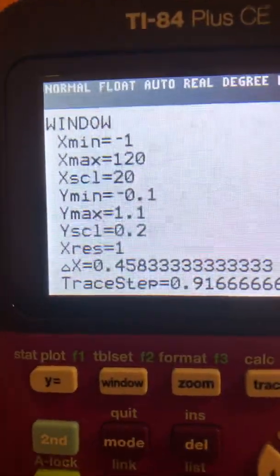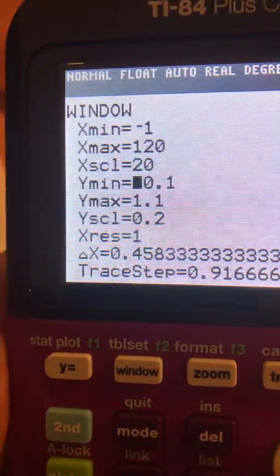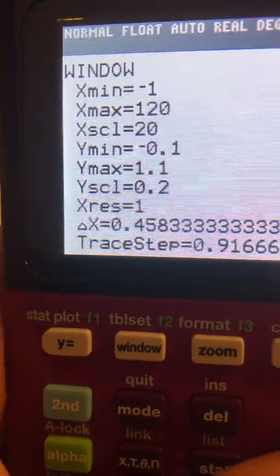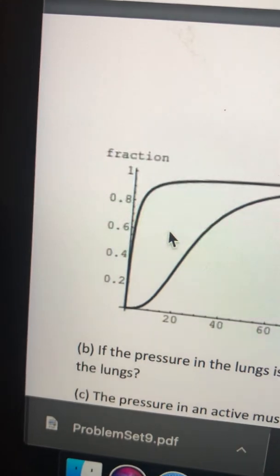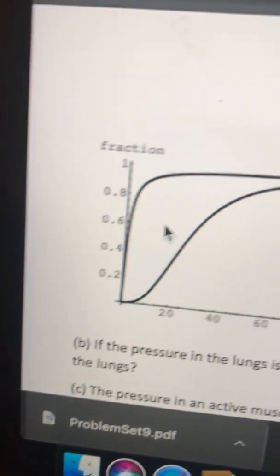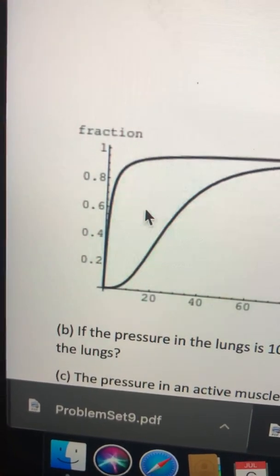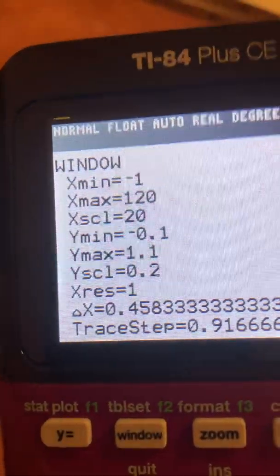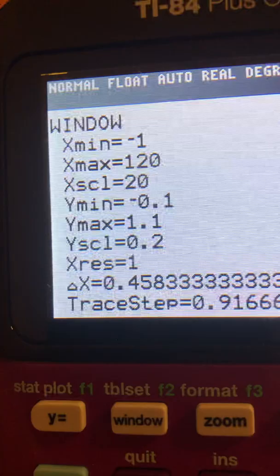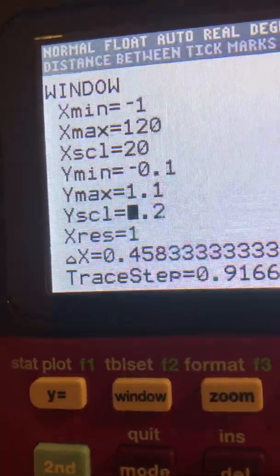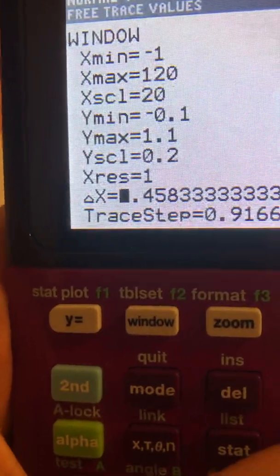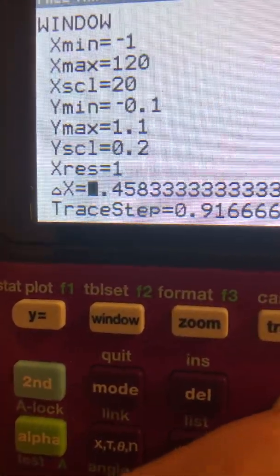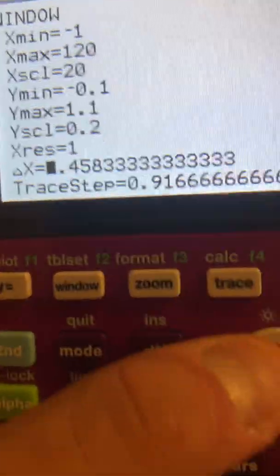I put my y-min to -0.1 and my y-max to 1.1 since we're using a range of 0 to 1. This is because this is in percentages, basically 0 to 100%. But again, I went just slightly outside of 100% so I could see the origin, and then made the scale 0.2 with a resolution of 1, and delta x being 0.4 something, so not as important.